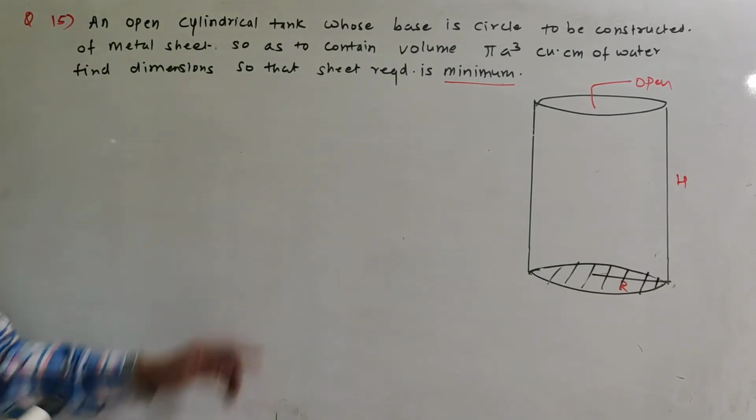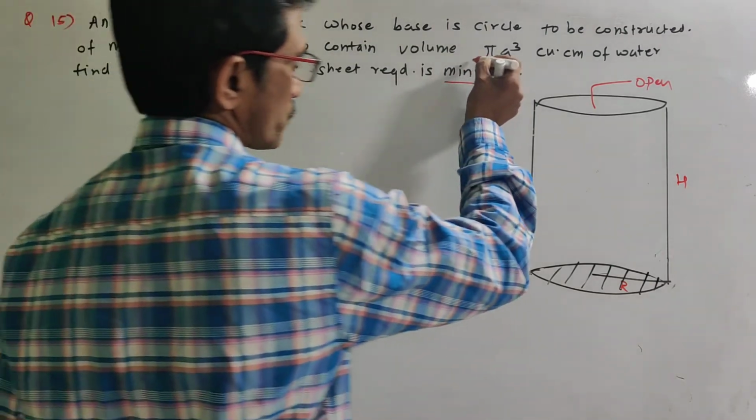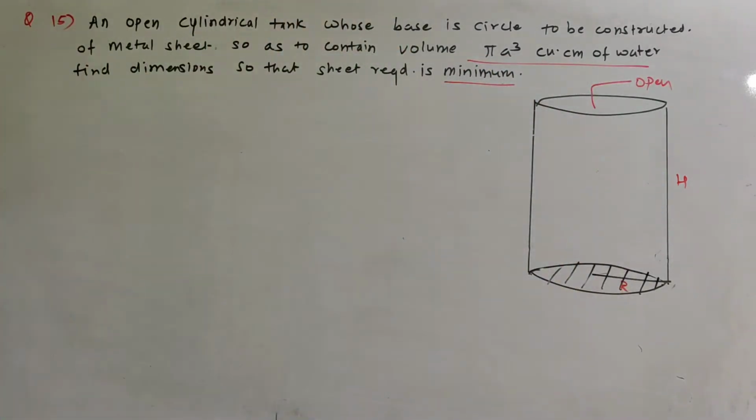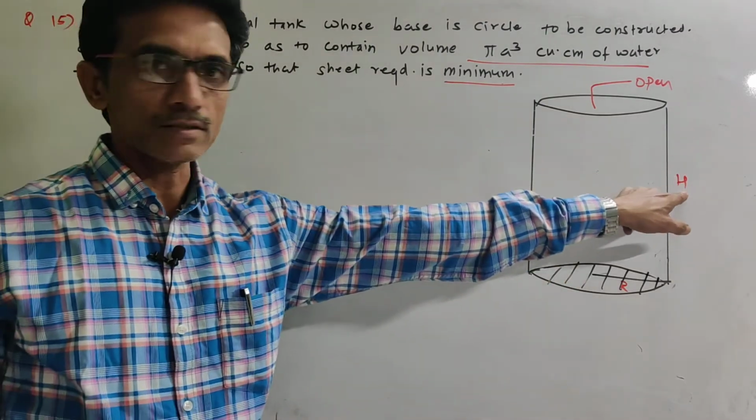Now what is given? This tank can contain this much cubic centimeter of water. So let me take radius of the base r and height of the tank is h.